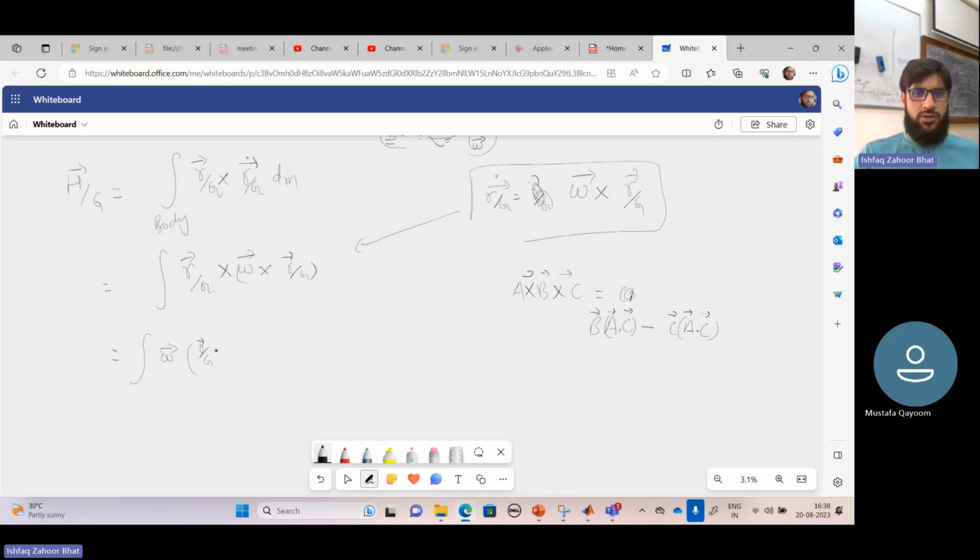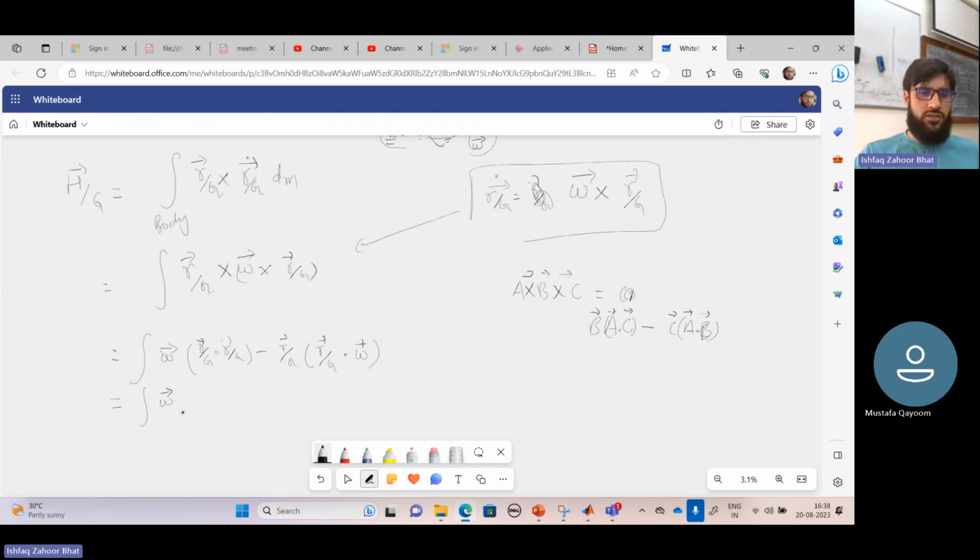Dot R with respect to G minus C, that is R with respect to G, dot, what is A? It is R with respect to G dot R with respect to G. What is B? It is omega. So this will be equal to omega R with respect to G dot R.